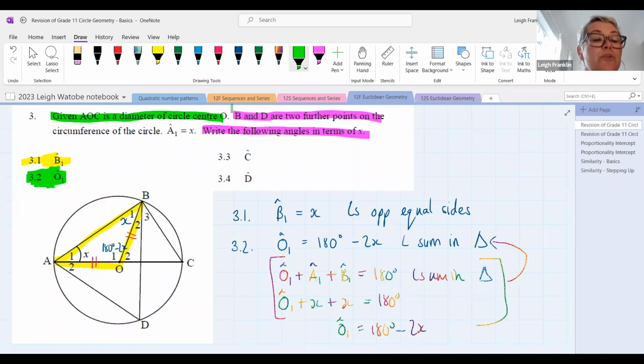The relationship between O1 and C. O2 would be the exterior angle of the triangle.